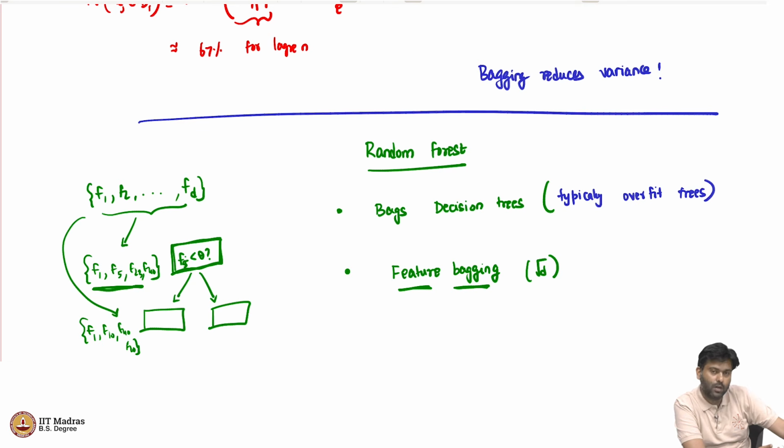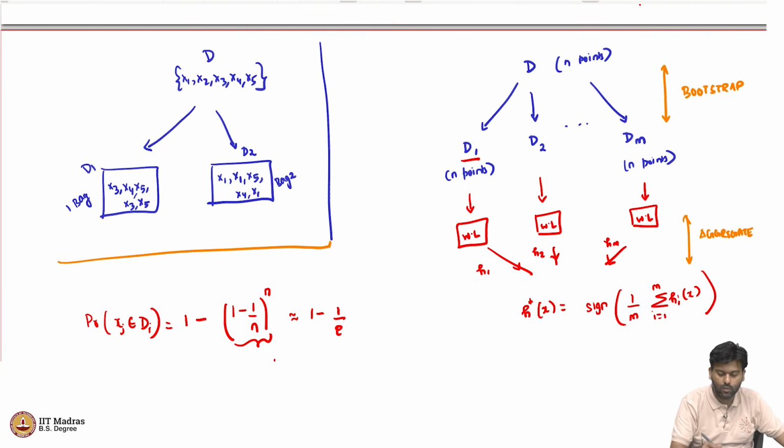One of the biggest advantages of this approach of bagging is that these weak learners can be run in parallel, because we don't really need these weak learners until we come to the aggregate stage, right. So if you have a powerful CPU with a lot of cores and so on, you can run these weak learners in parallel and get these decision trees in parallel.